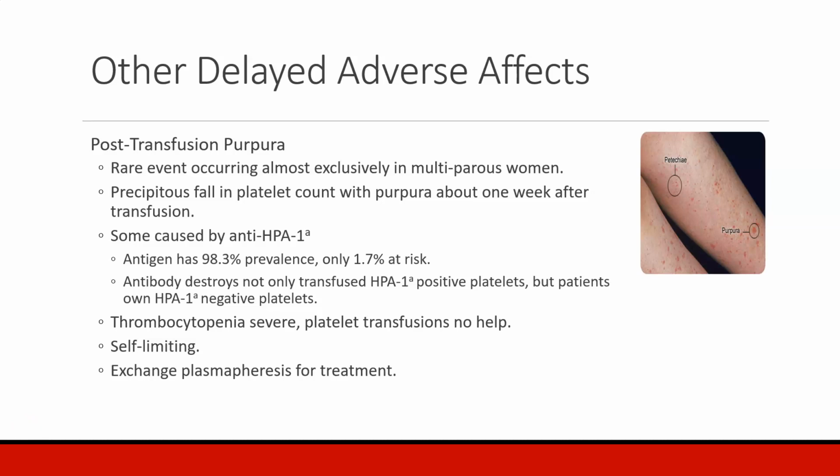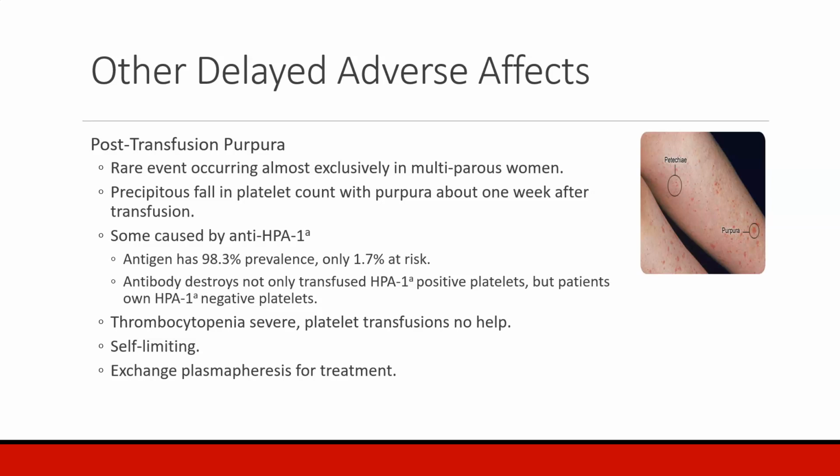Exchange plasmapheresis is the last gasp treatment, and plasmapheresis is where they hook you up to a machine. They go ahead and take a unit of blood, spin it down, remove the plasma, and it's thrown away. Return the red cells along with saline or some other type of compatible solution. And so what happens is in the plasma, there's all this antibody.